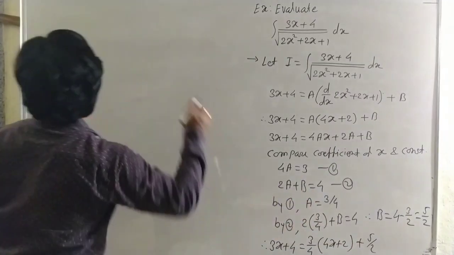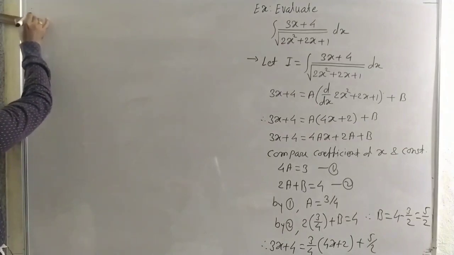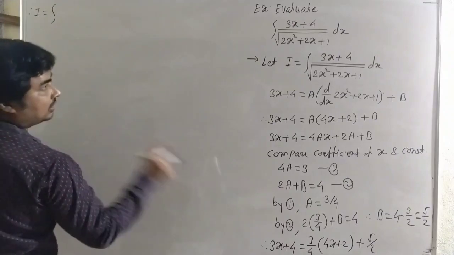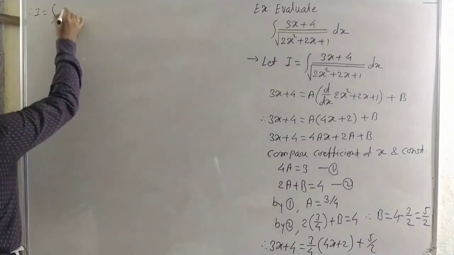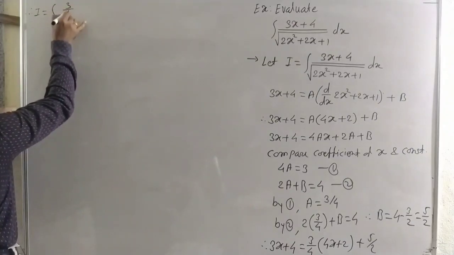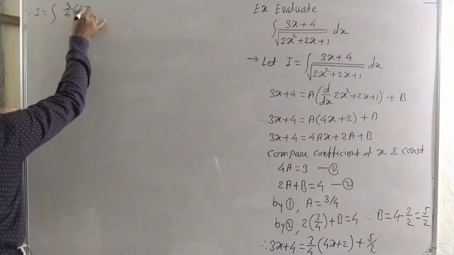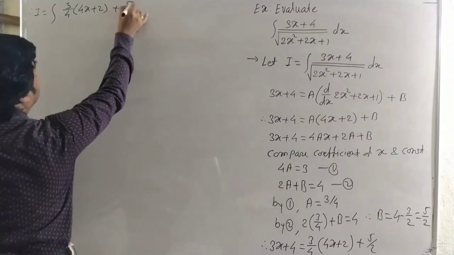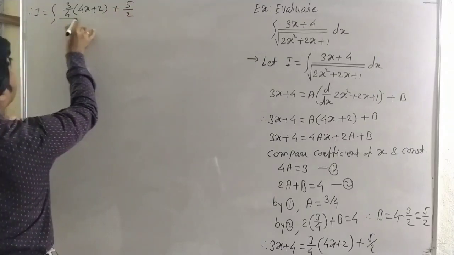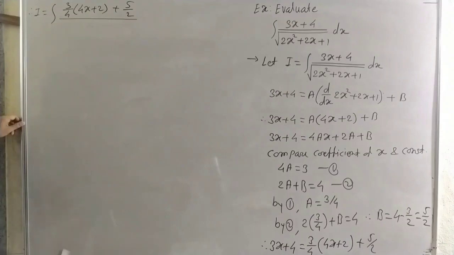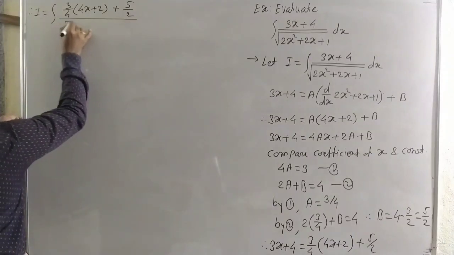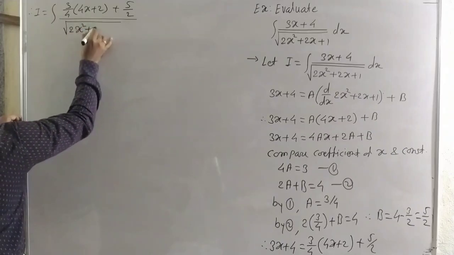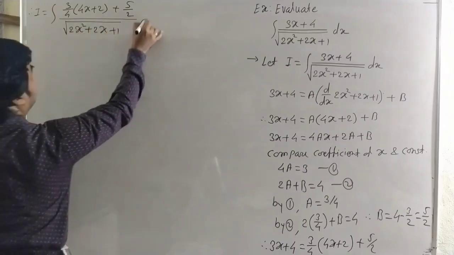Therefore our integral becomes integral of 3x plus 4 replaced by 3 by 4 into 4x plus 2 plus 5 by 2, whole upon under root 2x square plus 2x plus 1 dx.